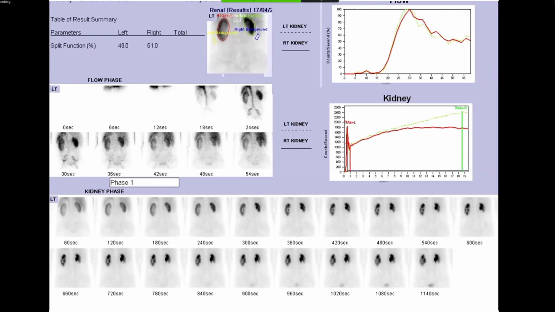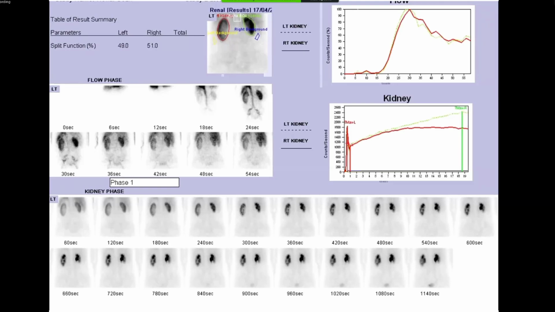On the subsequent graph, I can see there is uptake on the right kidney, which shows washout, and on the left kidney there is a plateau of the radiotracer uptake.